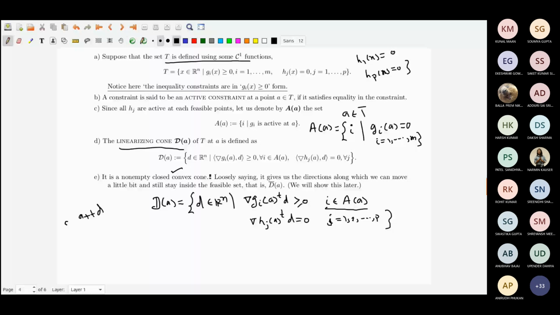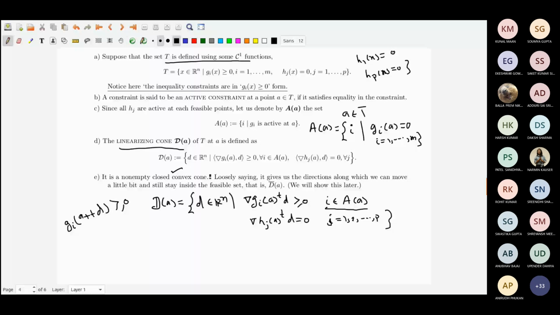So if I am having a feasible direction, then those feasible directions will also be included here. That is what we are expecting.